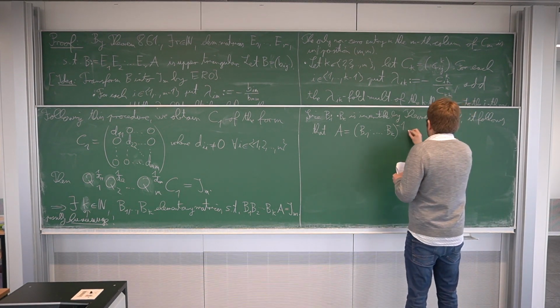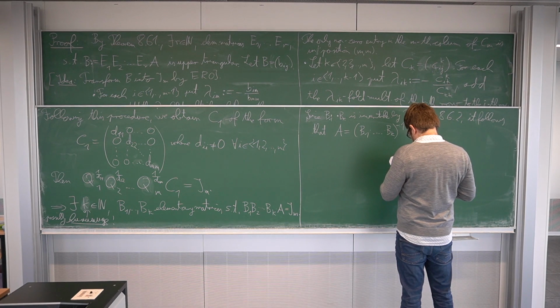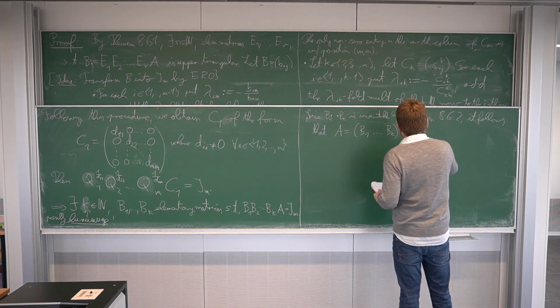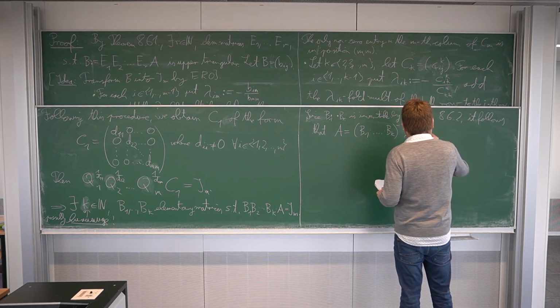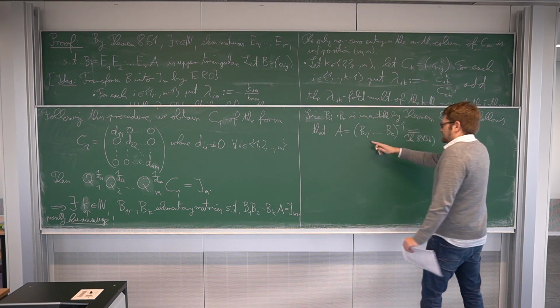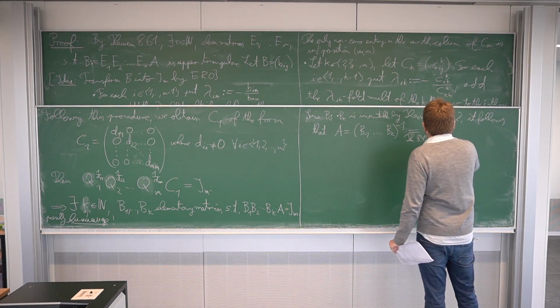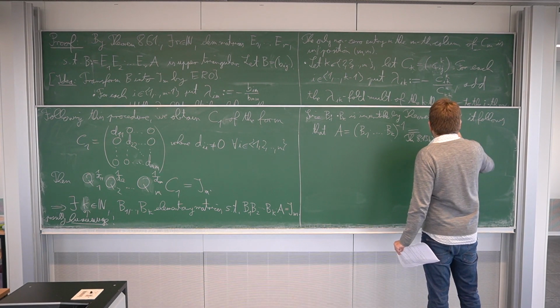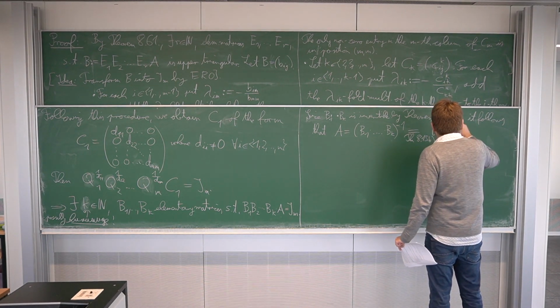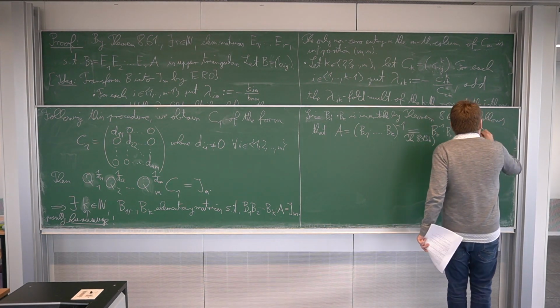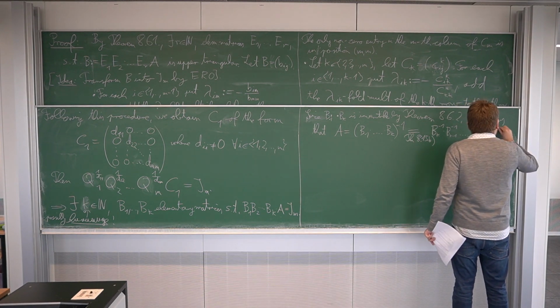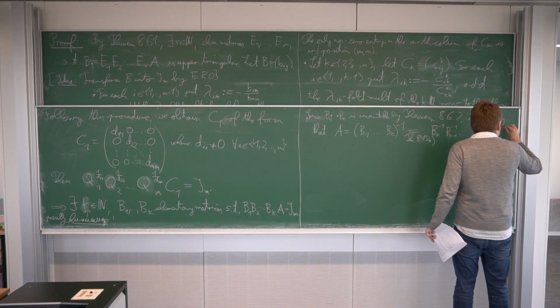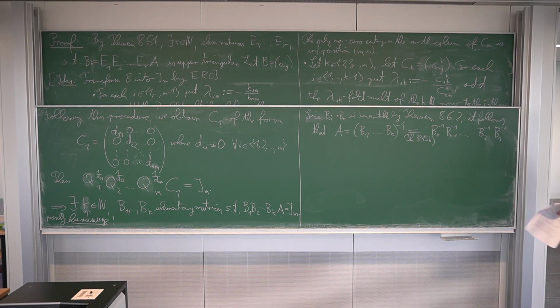So by theorem 815b, the inverse of this product is the same as Bk to the minus 1 times B(k-1) to the minus 1, and so on, times B2 to the minus 1 times B1 to the minus 1.